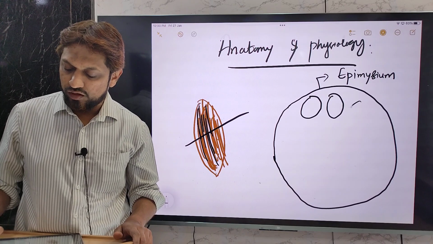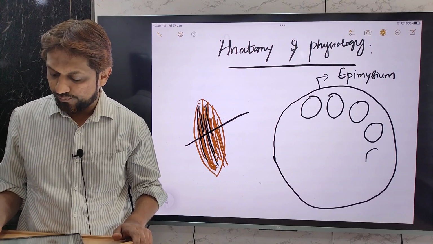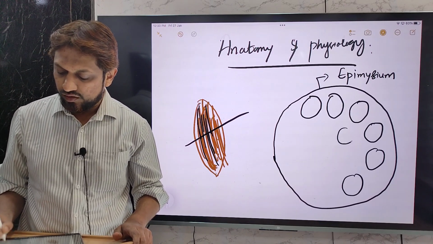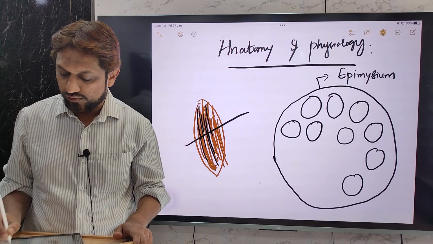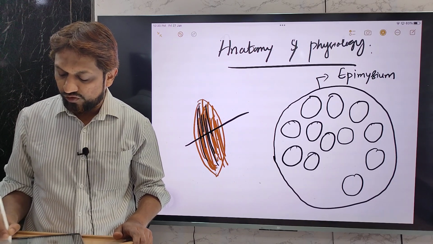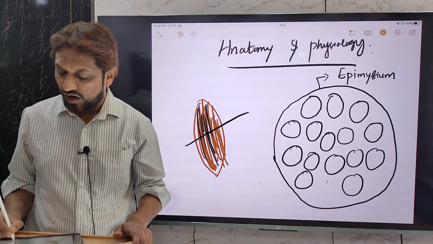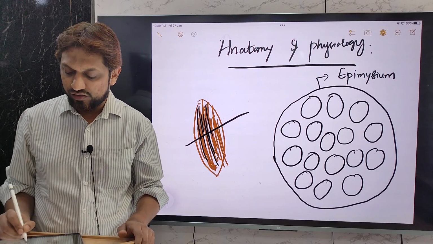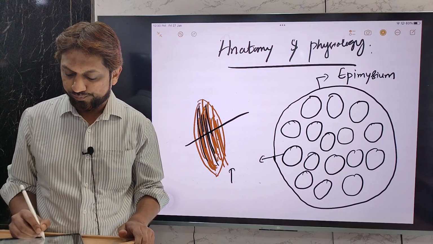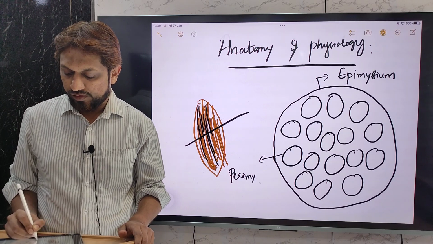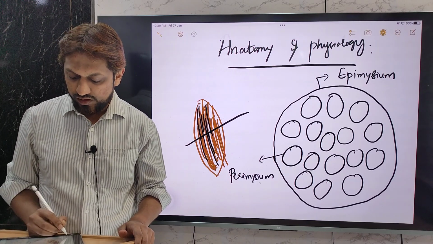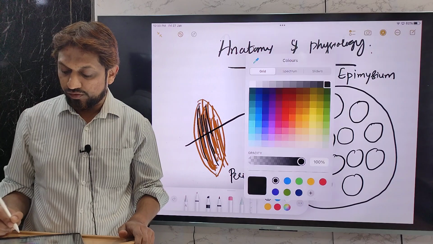These bundles are known as fascicles or fasciculus. These fascicles are again surrounded by a connective tissue sheath known as perimysium.